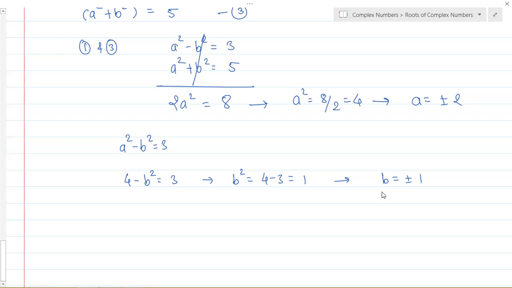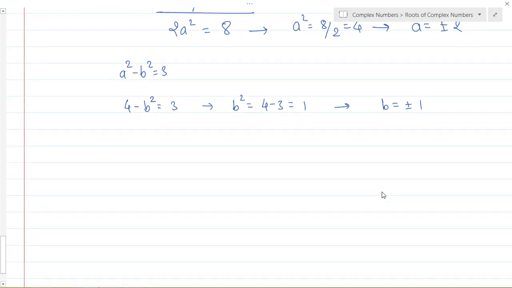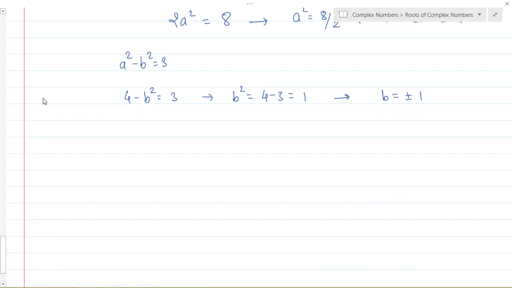Now for the values of a and b, you will have 4 pairs. If a is positive 2, b is positive 1 or negative 1. And if a is minus 2, b is positive 1 or negative 1. So these are the 4 pairs.